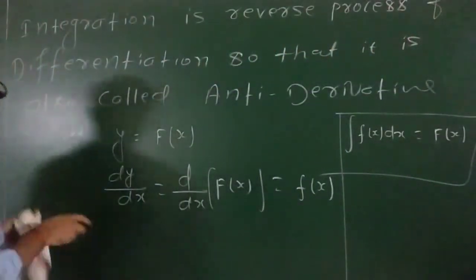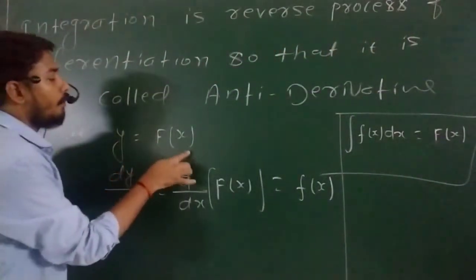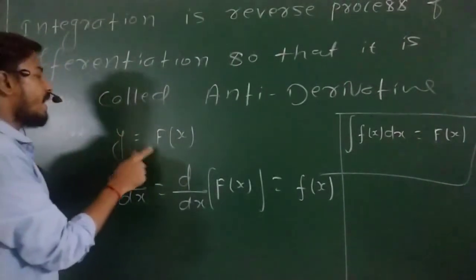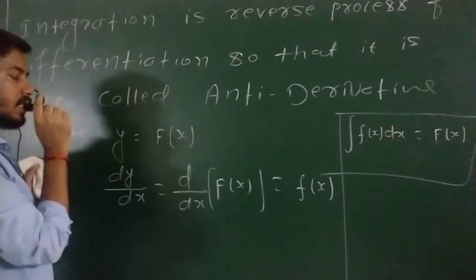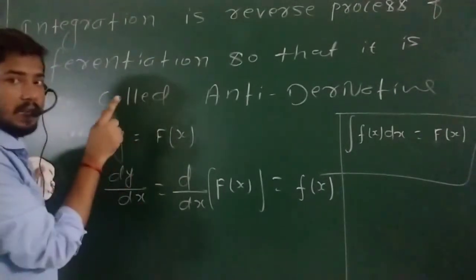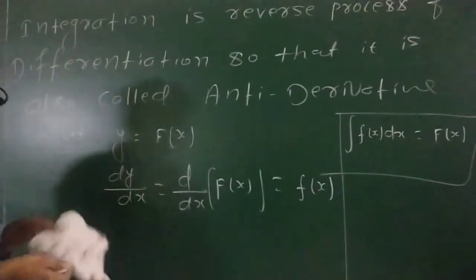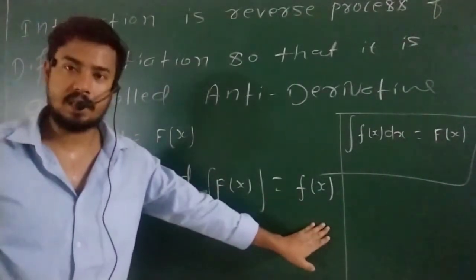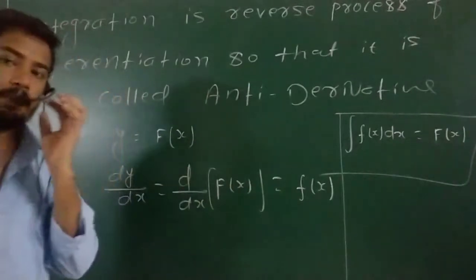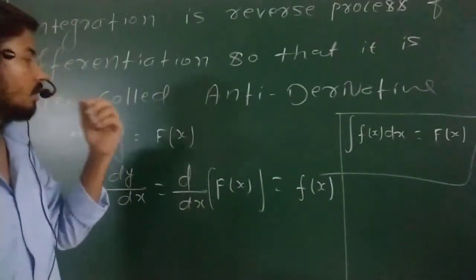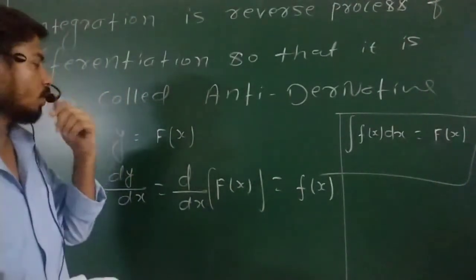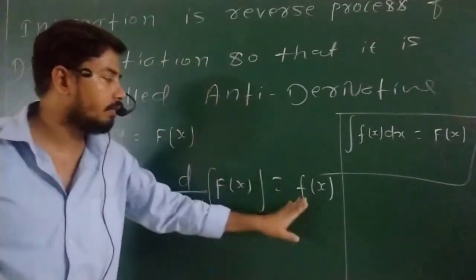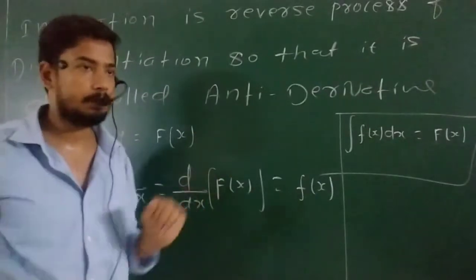Suppose that y is a function of x. So we can write y is equal to F of x, but here F is capital. Keep this in mind. Now the differentiation of this, I assume, becomes small f of x. I assume, because we are taking one example to understand. So I took capital F of x and its differentiation becomes small f of x.